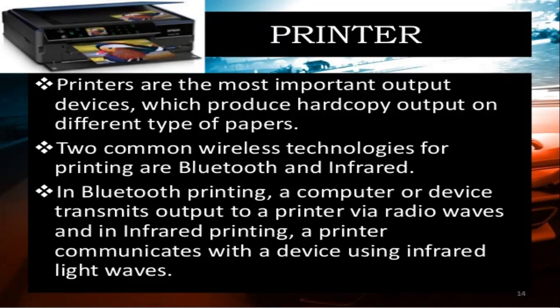You know Bluetooth: when you want to send information from one system to another, you use Bluetooth. Here also, with radio waves, without any physical connection between the user and the system, it will give the instruction to the particular printer, and it will print whatever you have given.